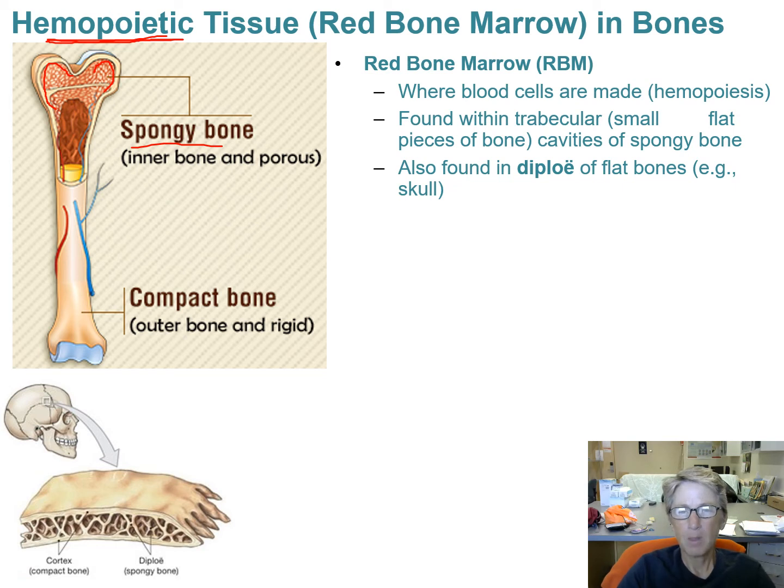Okay, so we just said that red bone marrow is where blood cells are made, and you find the red bone marrow or the hematopoietic tissue within the spongy bone. And now let's talk about the spongy bone in a little bit more detail.